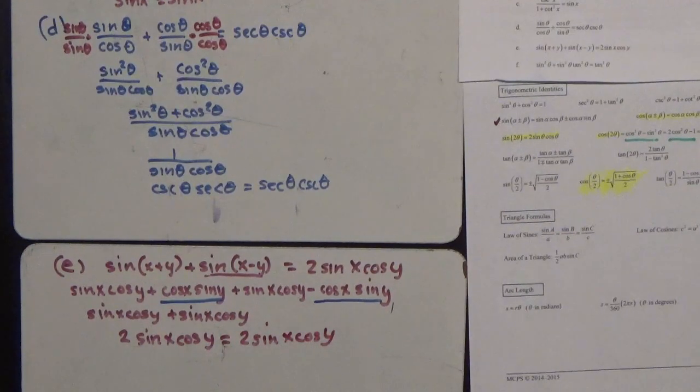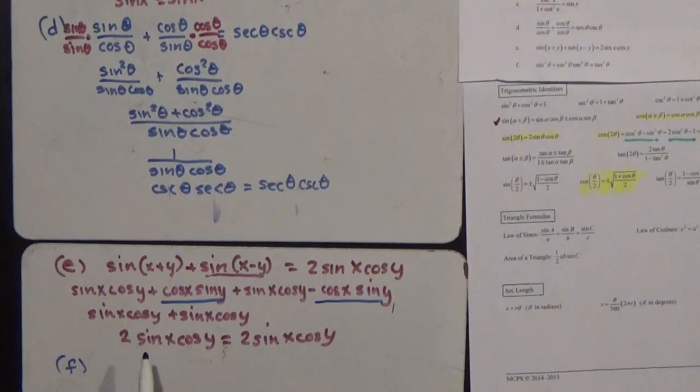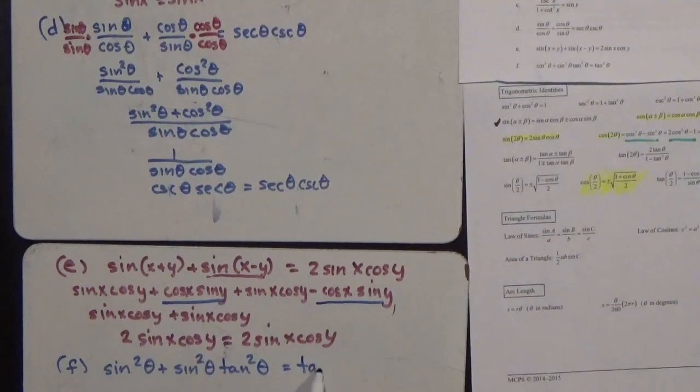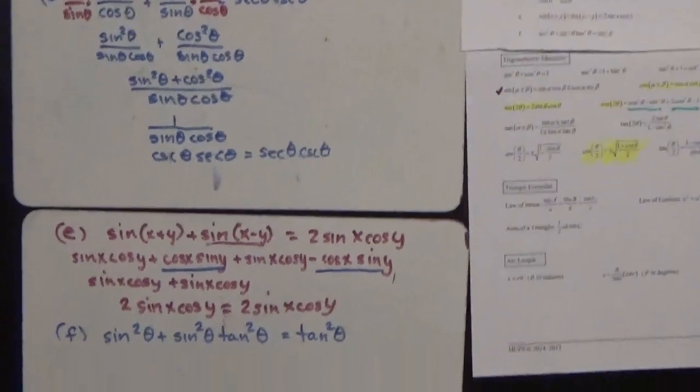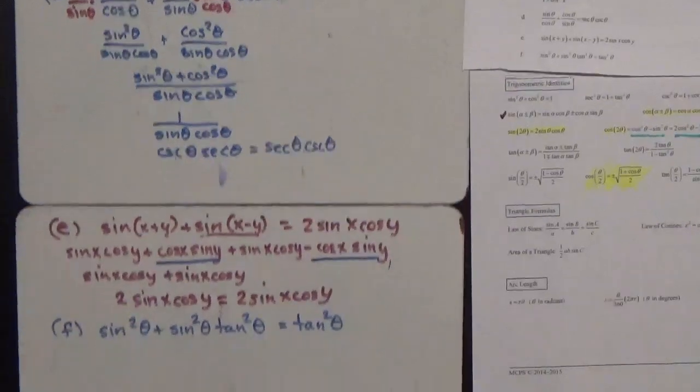All right, F, last one. Let's hope I can keep doing this without making mistakes. Sine squared theta plus sine squared theta tangent squared theta is equal to tangent squared theta. All right, so let's see what we can do with this one.